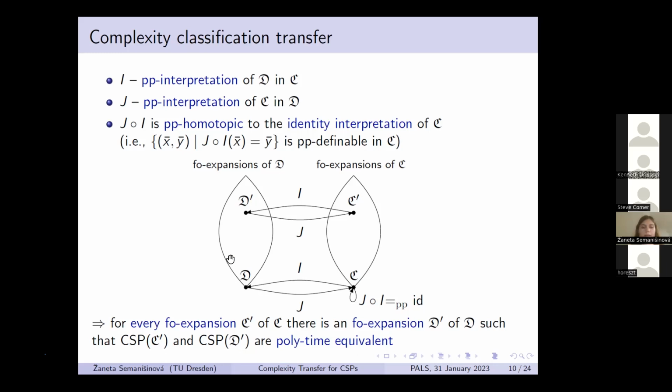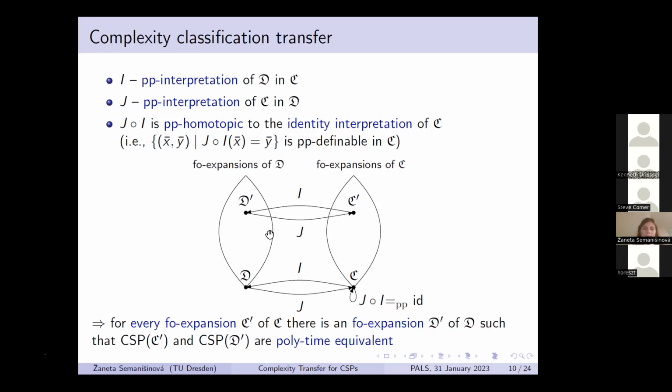So if I, on the other hand, want to classify the first-order expansions of D, I take the expansion and I know if I satisfy this condition, there is some C prime that has the same complexity because it's PP interpretable one way and the other. And so I can transfer the whole complexity classification to first-order expansions of D.